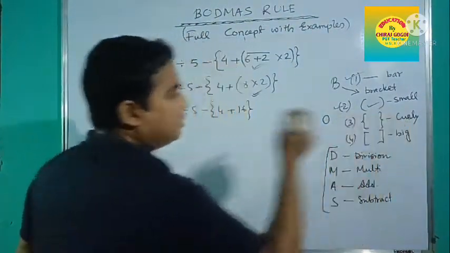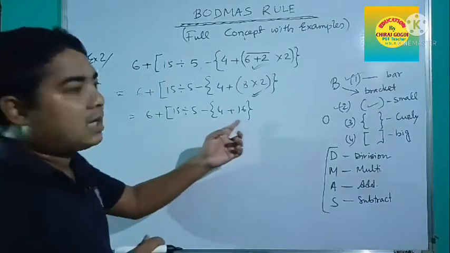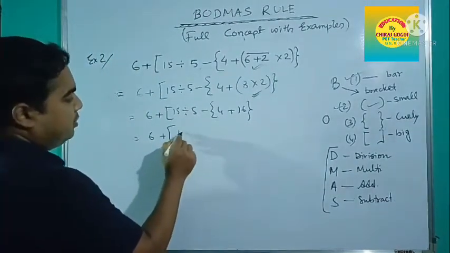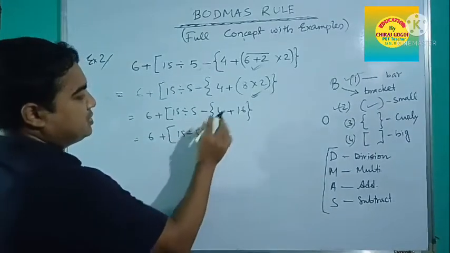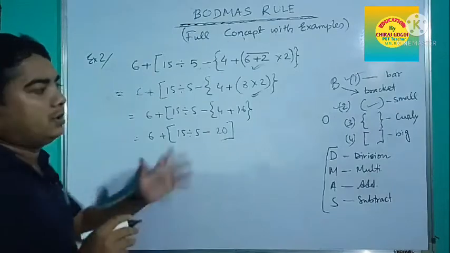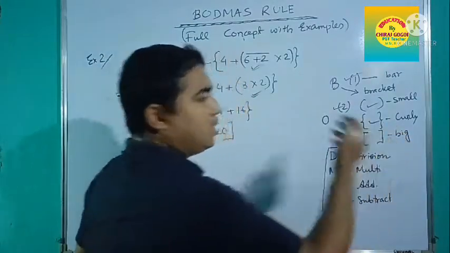Small bracket done. Next, between the curly bracket, 6 plus 15 divided by 5 minus 4 plus 16 gives 20, a single number, so the bracket is over. Curly bracket done.